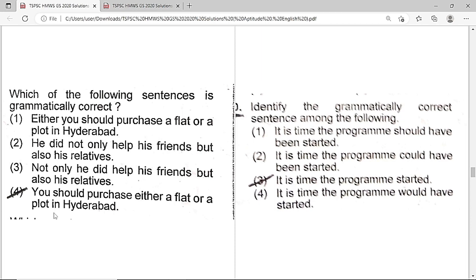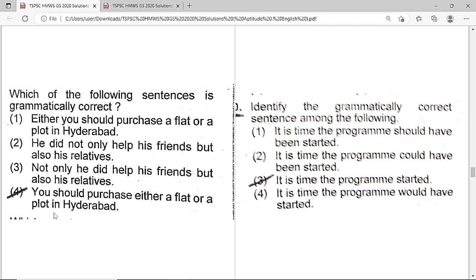So this is a grammatically correct sentence, and this is the correct answer.